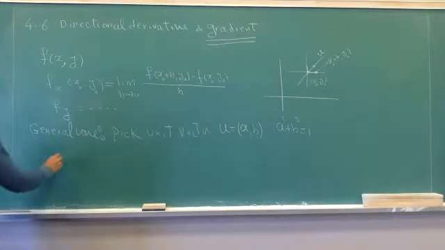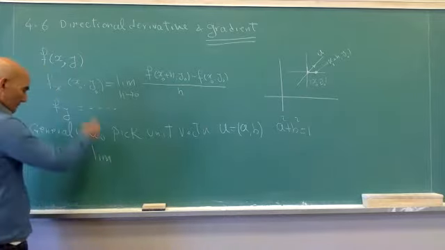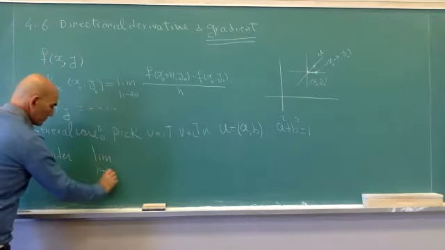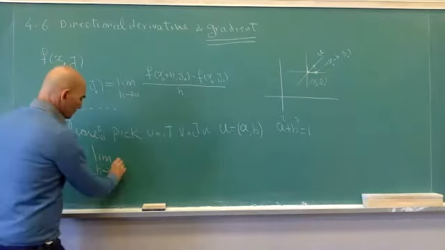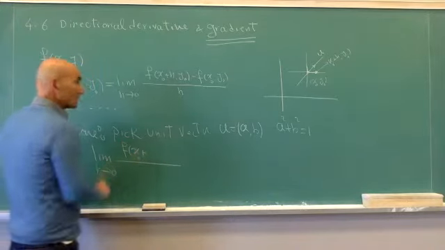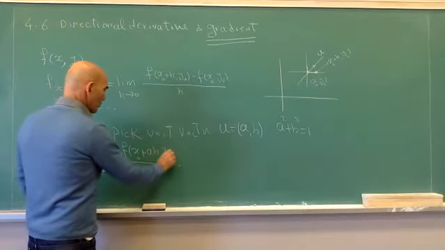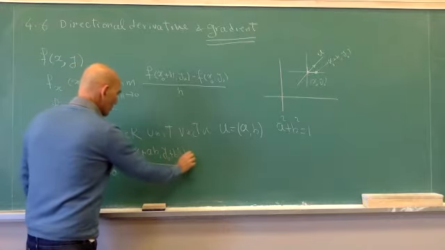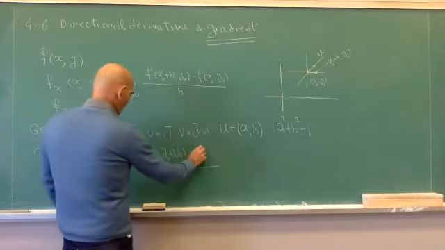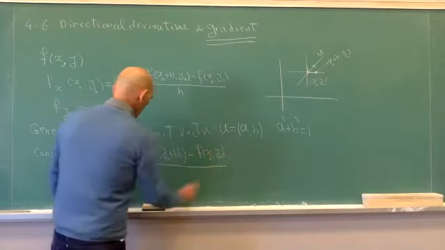We define this limit: limit as h goes to 0 of f of x0 plus ah, y0 plus bh, minus f of x0, y0, again divided by h.